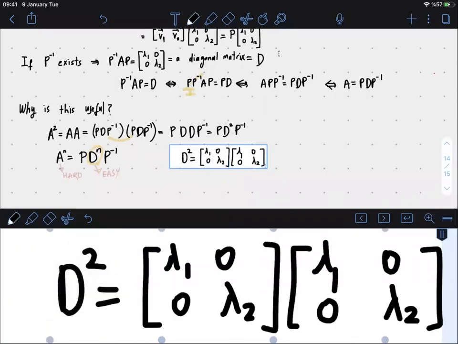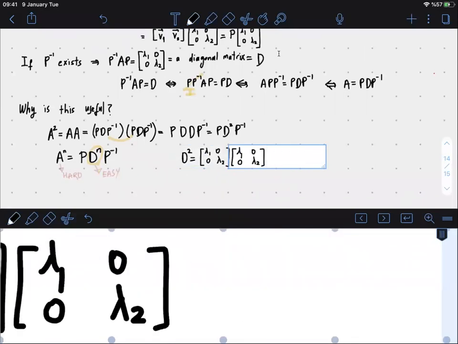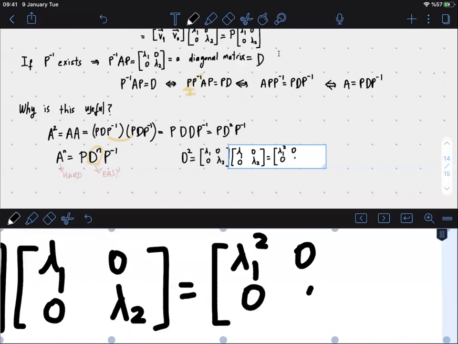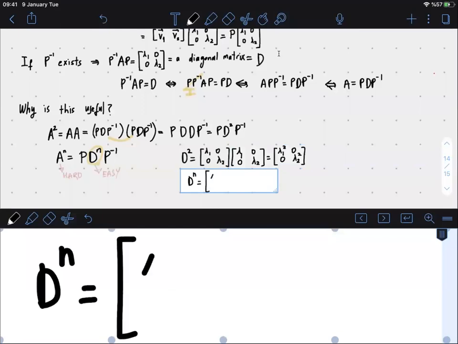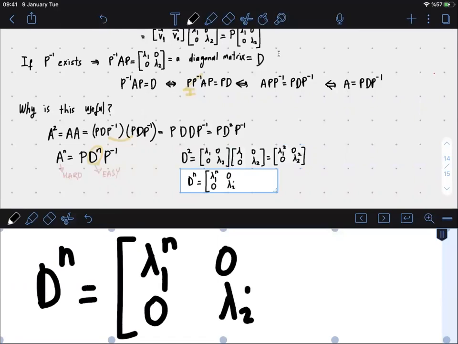If I compute this, you will see immediately that the result is very easy to compute. This is lambda 1 squared, 0, 0, lambda 2 squared. And if you want to compute D to the power n, you're just computing the nth power of the diagonal elements: lambda 1 to the power n, 0, 0, lambda 2 to the power n. So D to the power n is very easy.